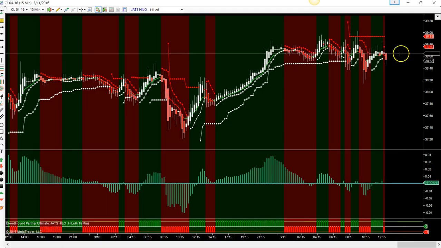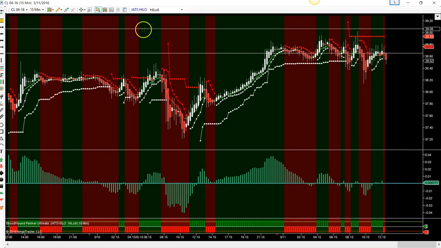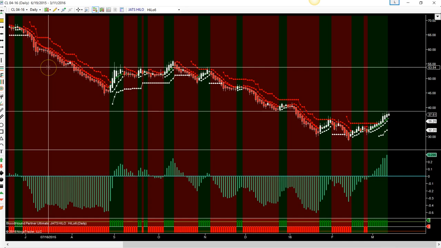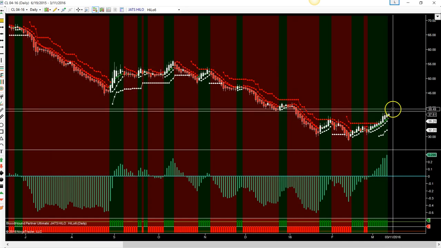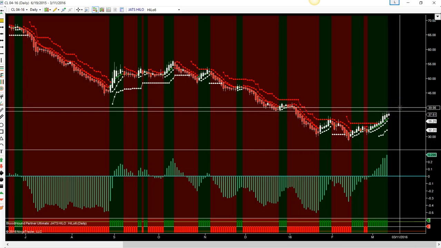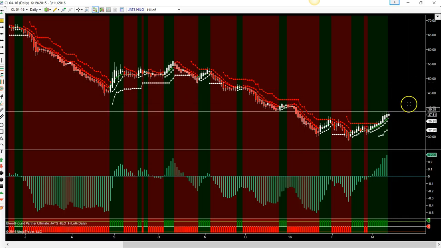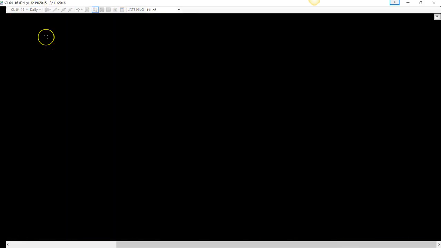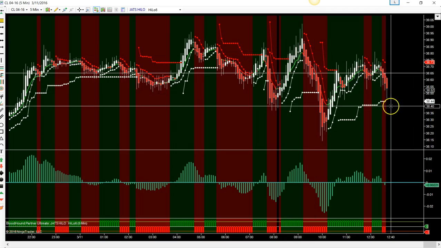You want to wait until you get a disposition off of a level with a daily bar. So we want to see a close above that level with a daily bar before resuming our long.